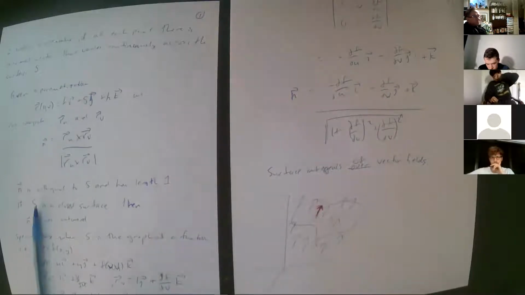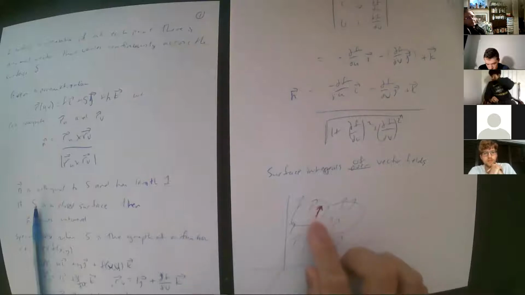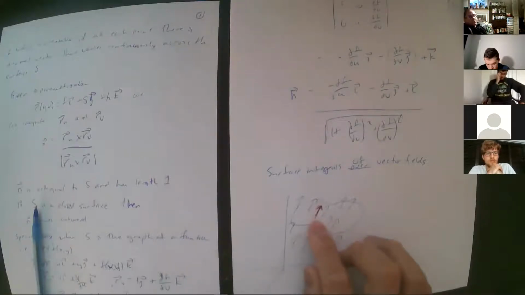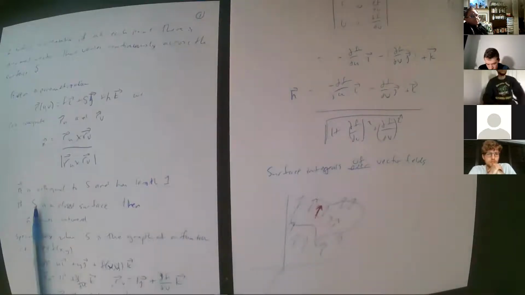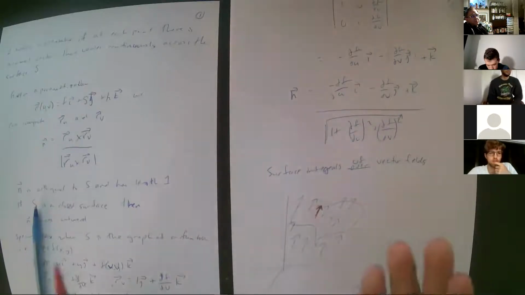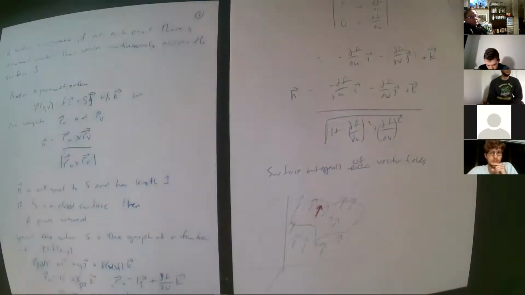It's essentially constant when my box is very small. And then I can compute how much stuff is going through this very small box, which is just my vector field compared to my normal vector. As my normal vector is essentially constant on that small box, it's a pretty good estimate. And as the box gets smaller and smaller, it gets better and better.